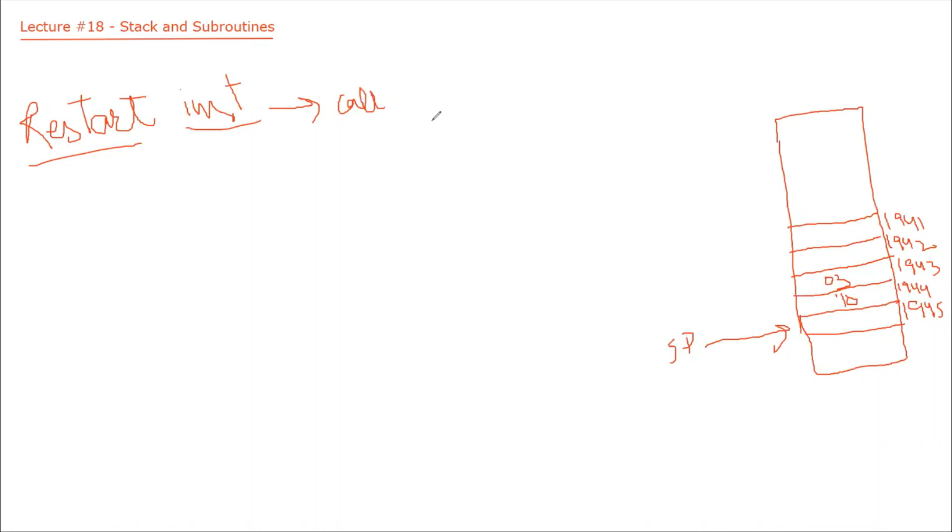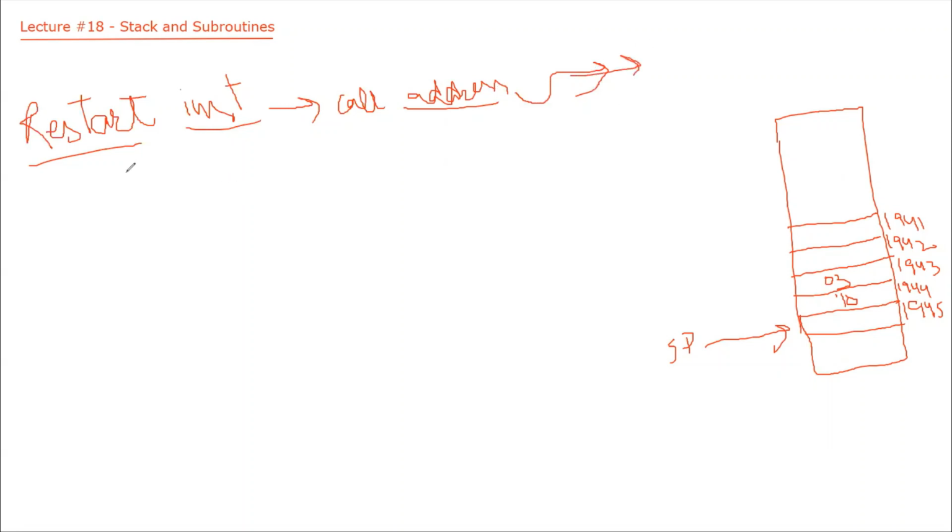What was call doing? Call was having an address here, and it was moving our program counter to this address. So we have to start from this address.